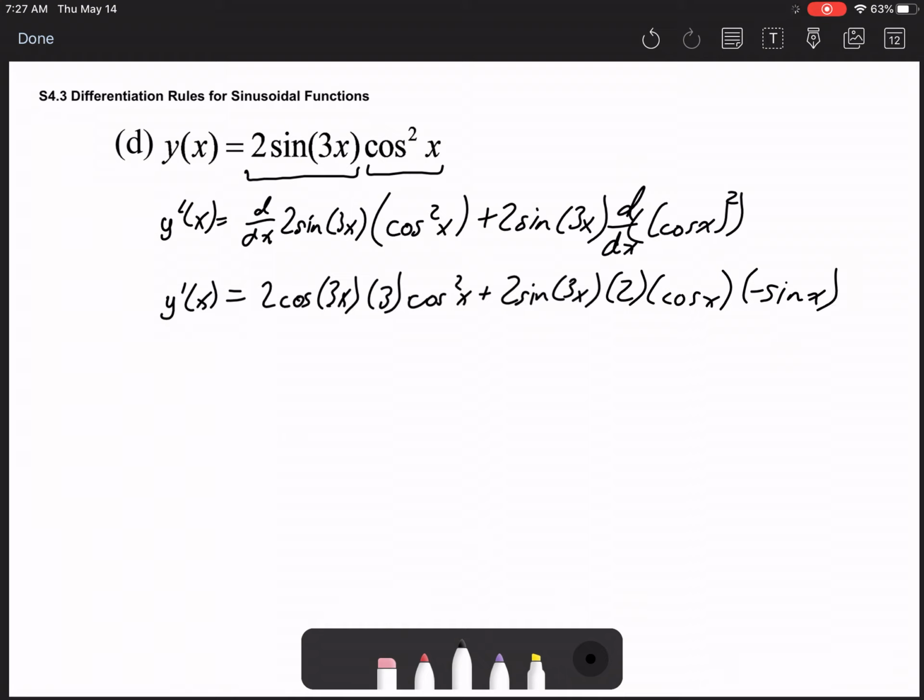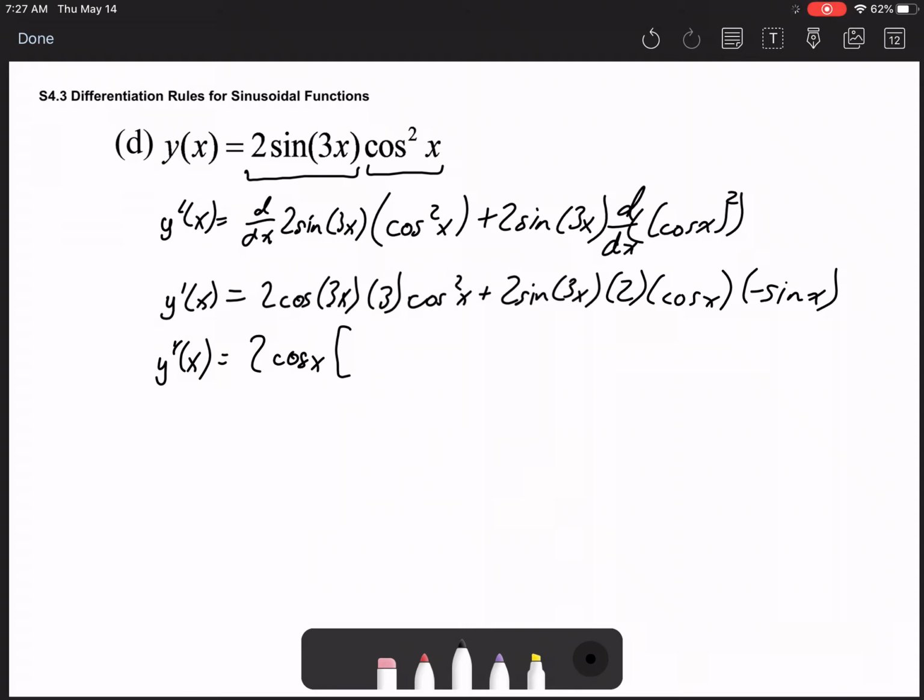There's my derivative. Okay. Is there anything common that I could factor? You could simplify first before you factor, but that's an option. Let's see, there's 2 that's common between all of them, and a cosine x that I can see. I don't think there's anything else.